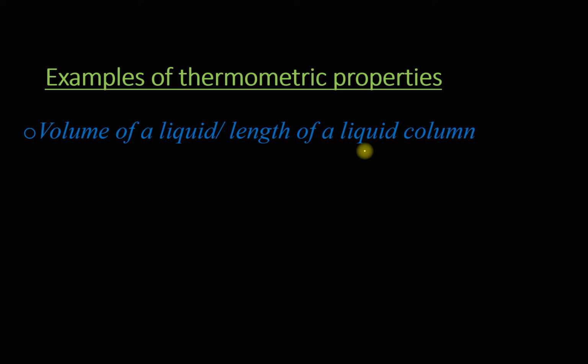So the volume of a liquid or the length of a liquid column changes with the temperature. So we call it a thermometric property because a thermometric property is a physical property which varies or is assumed to vary linearly with the temperature.